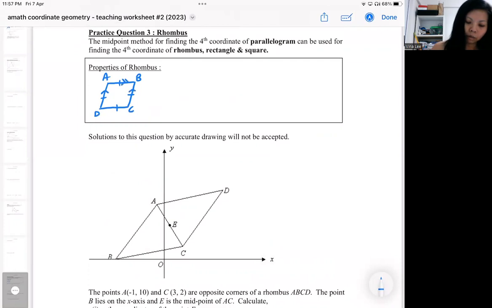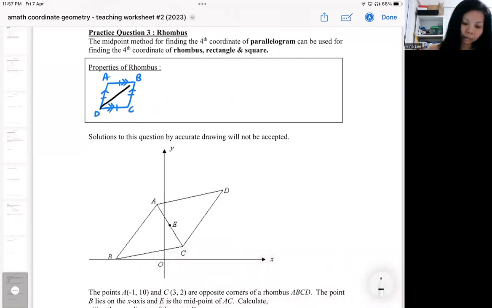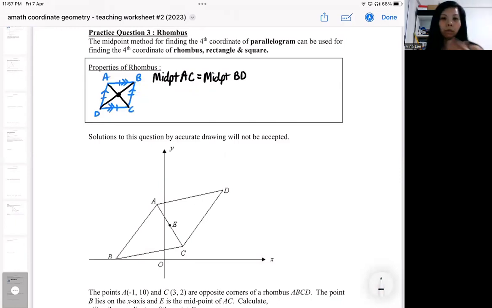So you still need to remember the basic ones. But in this case, again, it's on the diagonal. They share the same midpoint. So the midpoint of the diagonals are the same: the midpoint of AC is equal to the midpoint of BD. This is useful when you need to again find the fourth coordinate.